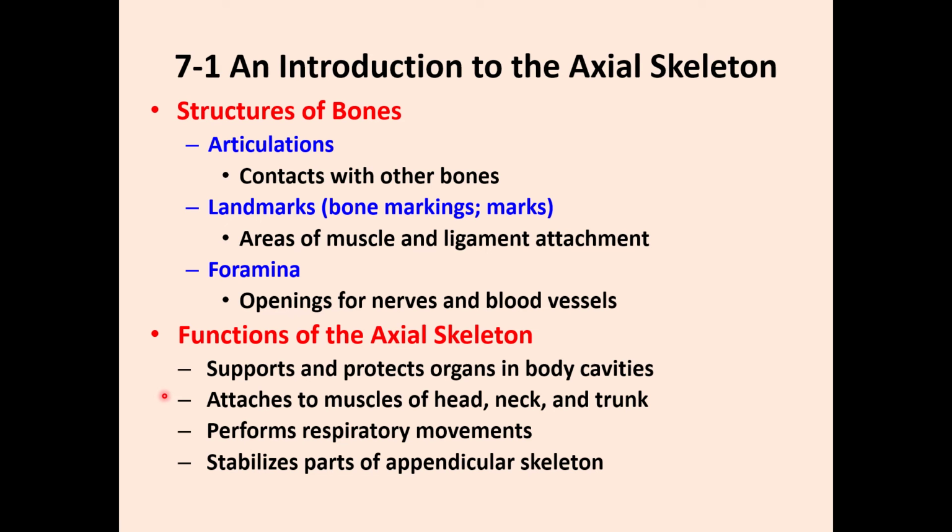So the head muscles, especially the facial muscles, and neck and trunk muscles are attached. It's important for movement of those areas. There are also muscles attached to the chest, and the movements of those muscles also cause movement of the bones and the joints in the chest area, and that's important for respiratory function.